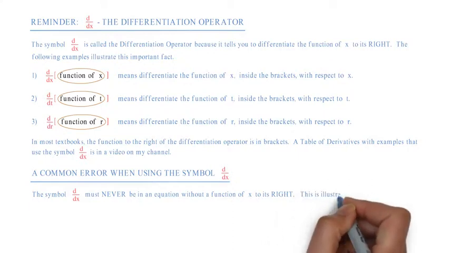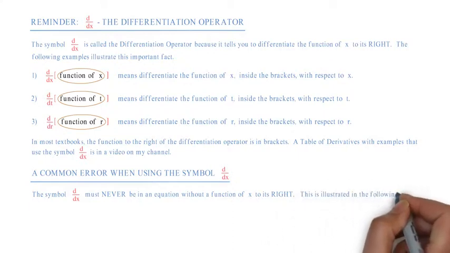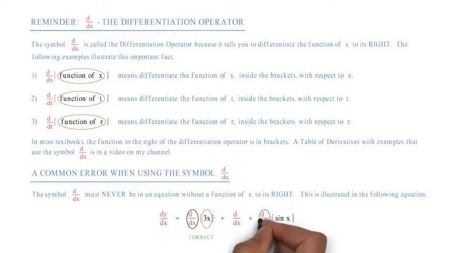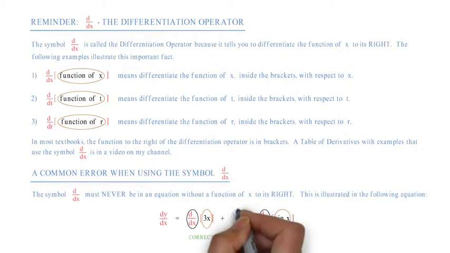This is illustrated in the following equation. d/dx is followed by a function of x, correct. d/dx is followed by a function of x, correct. d/dx is not followed by a function of x, wrong, because d/dx is not followed by a function of x.